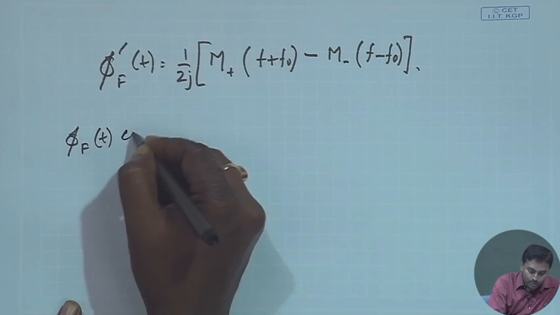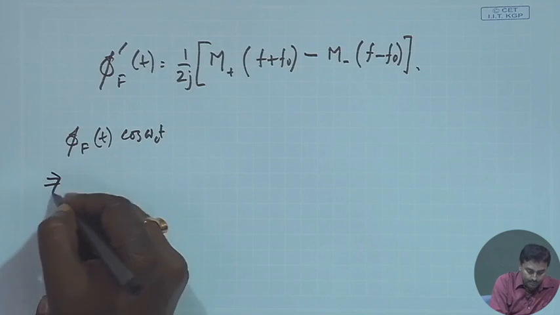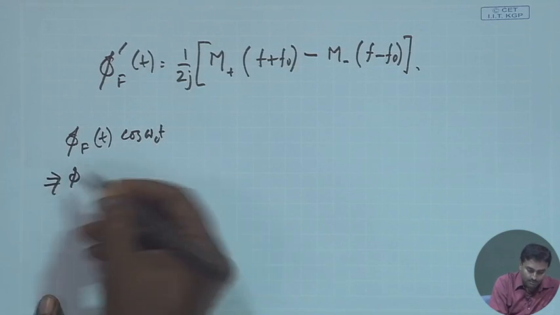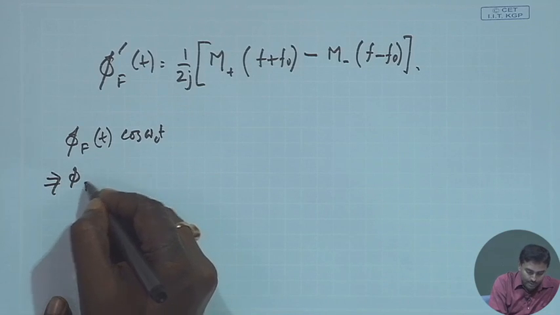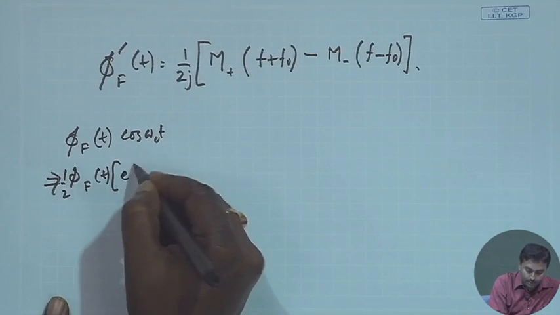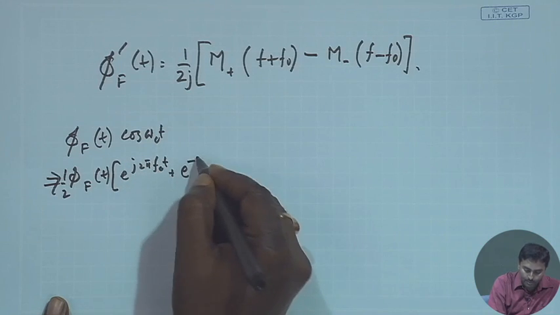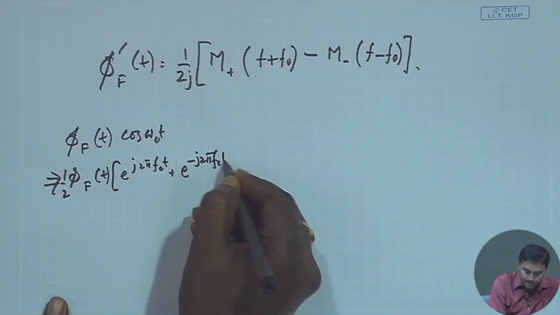So, this into cos omega ct, I should say equals phi f t into, again we can write half e to the power j 2 pi f c t plus e to the power minus j 2 pi f c t.